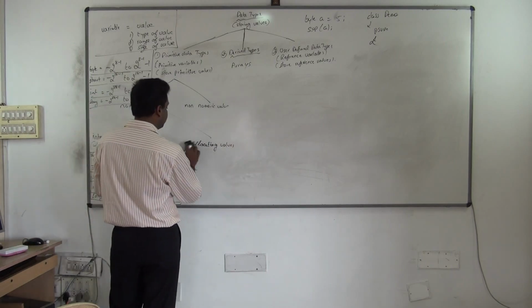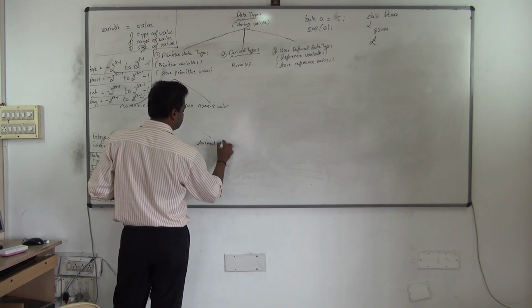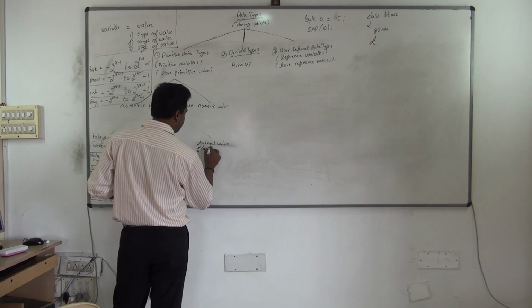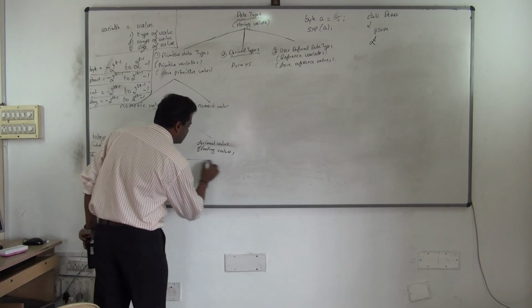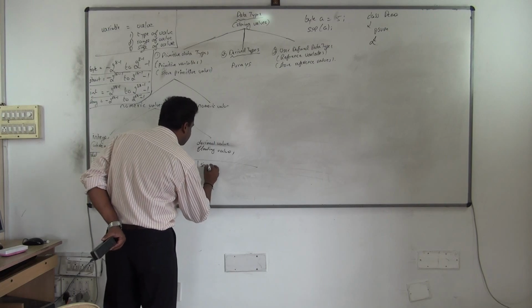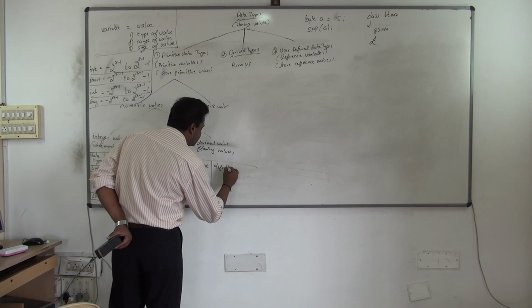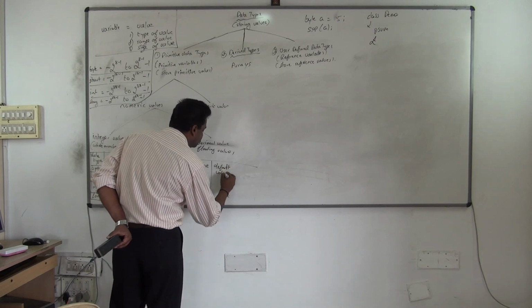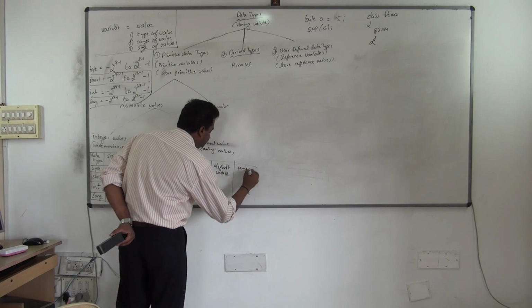Sorry, decimal values are floating values, no? Now to store these 2 types of values, Java is giving you again 2 data types. Again the same story will start here also: data type, size, default value, range.